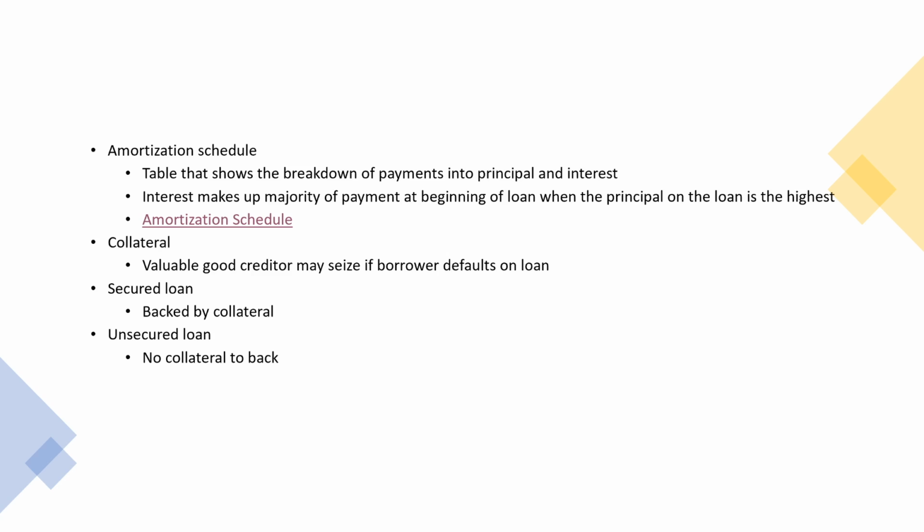Lenders are not in the business of losing money. They're in the business of making money. So how do they make sure they still make money? Yes, they're going to charge a significantly higher interest rate.